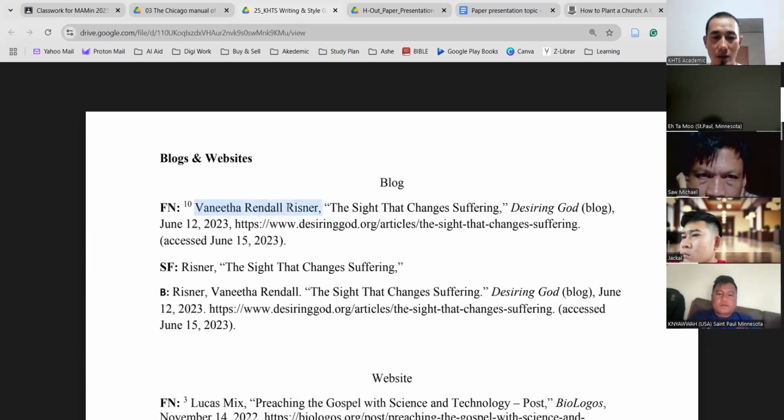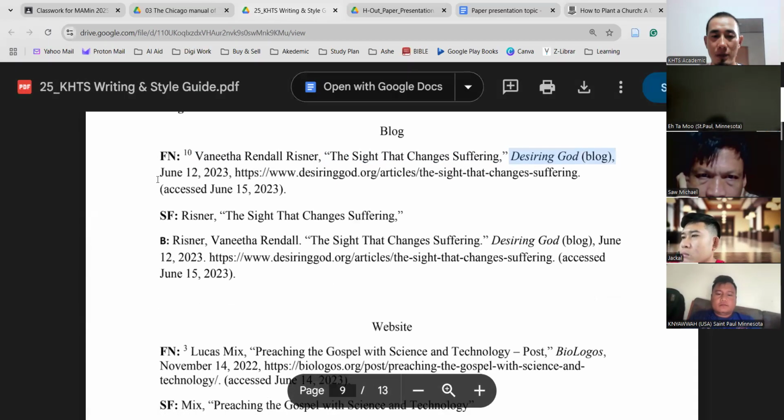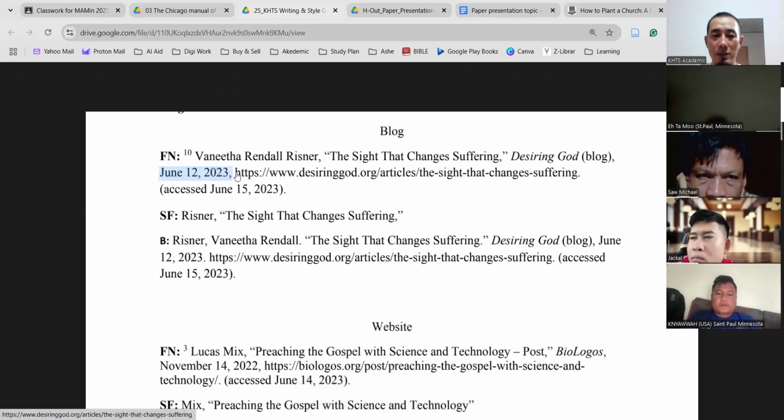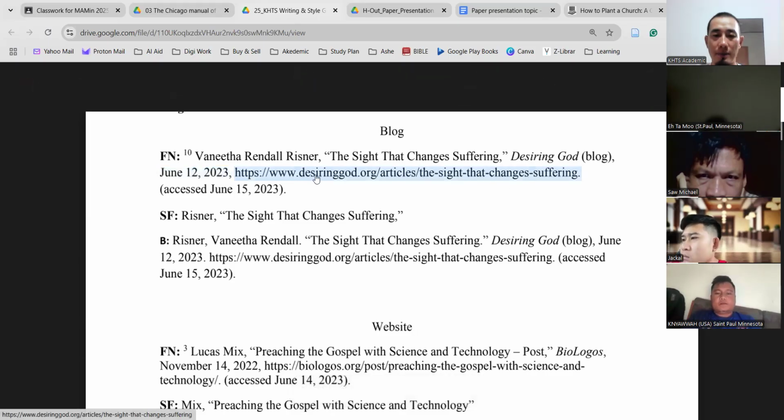This is the author name, title of the article, name of the blog or website, and when that particular article was written. This is the address and link to that article, and when you accessed it, meaning when you read that article, on which date.